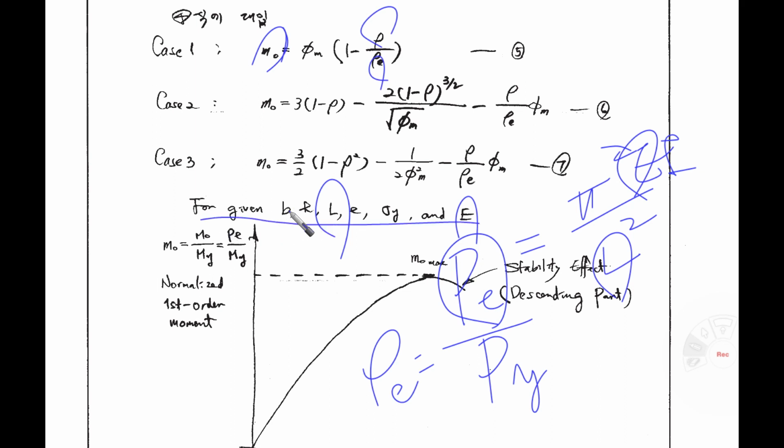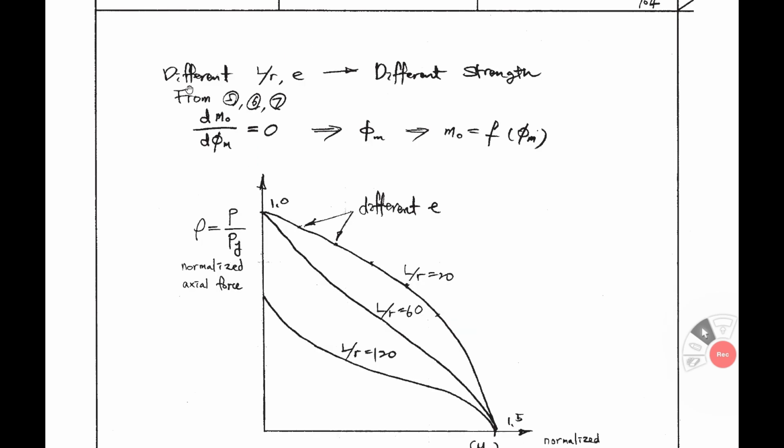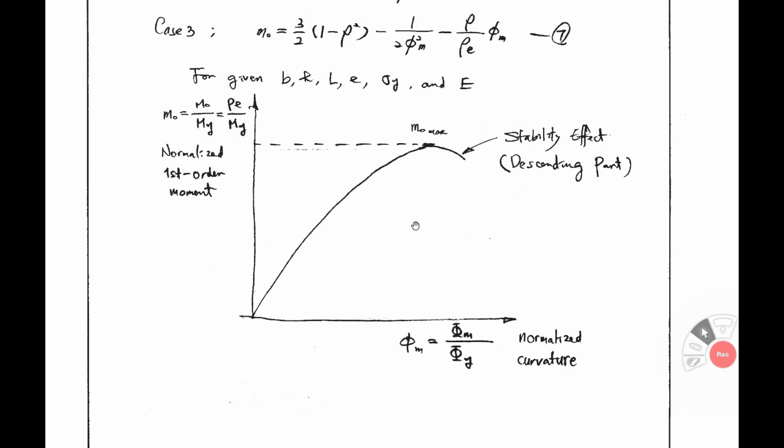Given values of these, then we can draw this curve. We can get the maximum M0. M0 is the first order moment normalized by M_y. If we apply different L/r and E, L/r is known if you know L, A and I, okay?